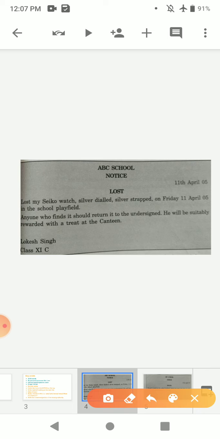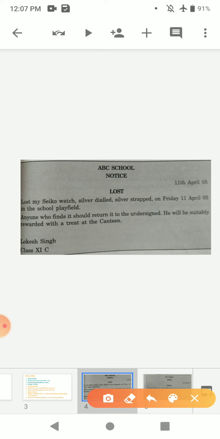Look here. Lost my Seiko watch, silver dialed, silver strapped, on Friday 11 April 5 in the school playfield. Anyone who finds it should return it to the undersigned. Undersigned means this person.